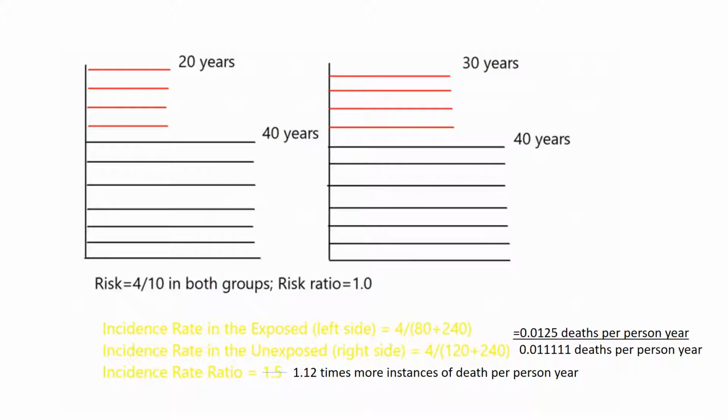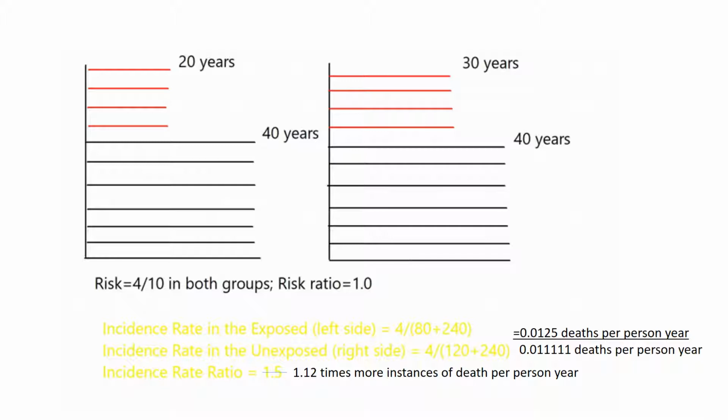The denominator here is how many people died in the unexposed group over the total person time contributed there. And because people survived longer, that 80 number doesn't hold up. It's 30 years for each person that didn't make it through. So they survived longer, but they didn't survive the entire period.